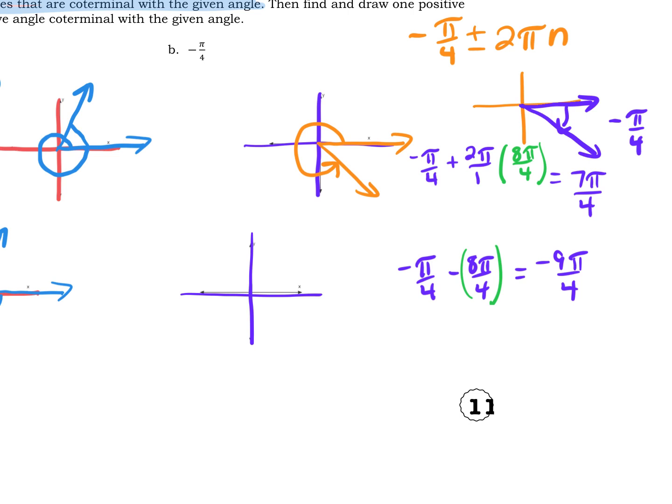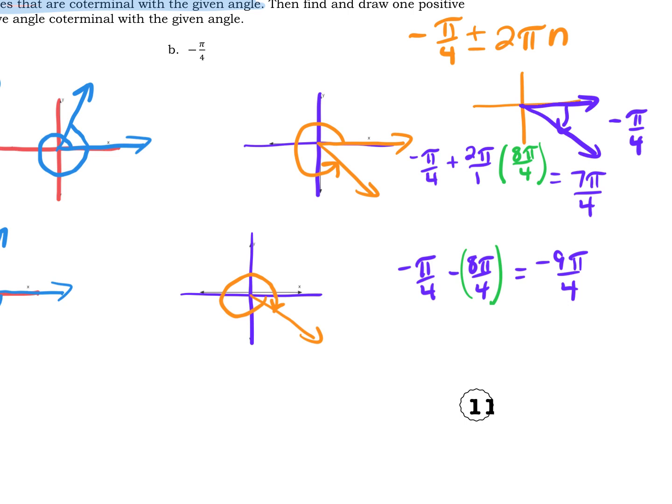So negative 9 pi over 4 means we're rotating around in the negative direction one full rotation, and then pi over 4 more to get to that place. Okay, so coterminal angles: we've got to think about the fact that we're starting and stopping in the same place, right?